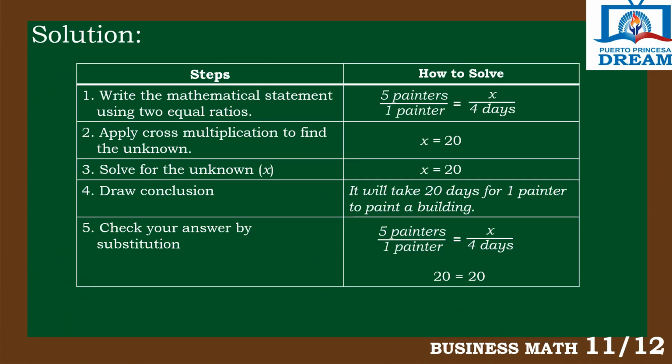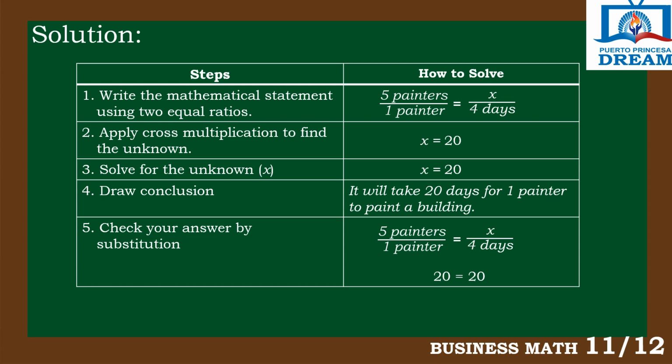For the solution, we have step 1, write the mathematical statement using two equal ratios. That's 5 painters over 1 painter is equal to X over 4 days.